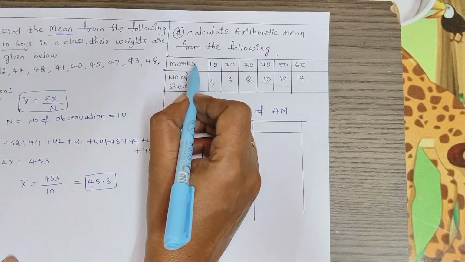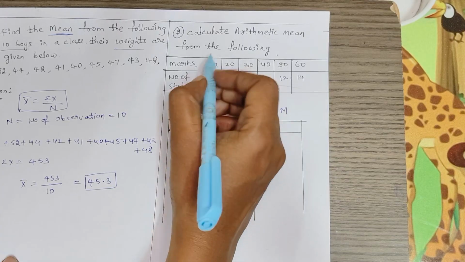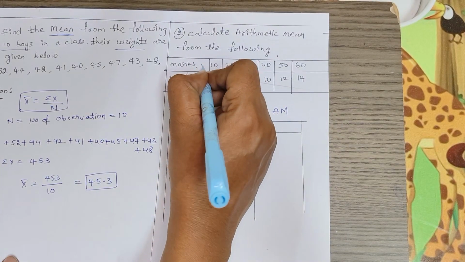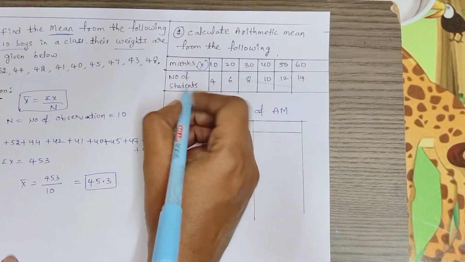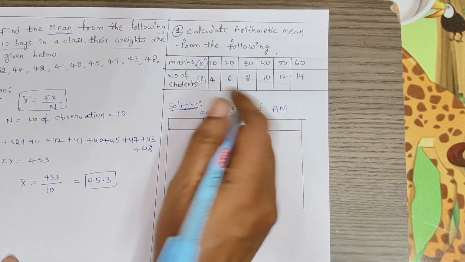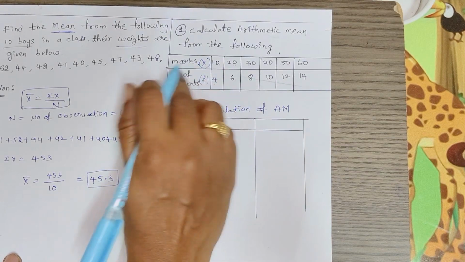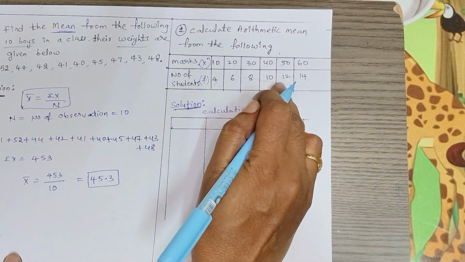Marks of the students are the variables, and number of students are the frequency. These marks we denote x, and number of students we denote f. Since x values as well as frequency values are given, it is a discrete series.